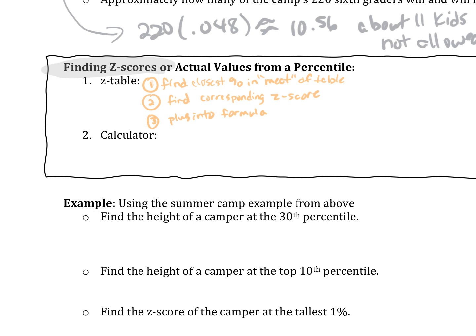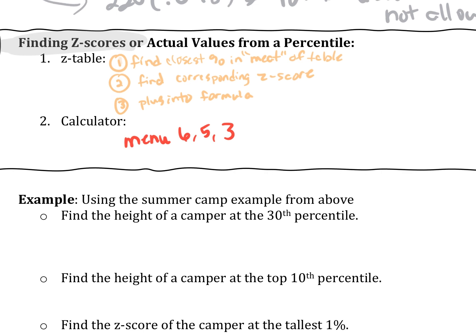On the calculator, this is, I think, a lot easier also. You're going to do menu 653. Menu 653 is inverse norm. If you notice, what it's asking for there is your area and then your mean and your standard deviation.